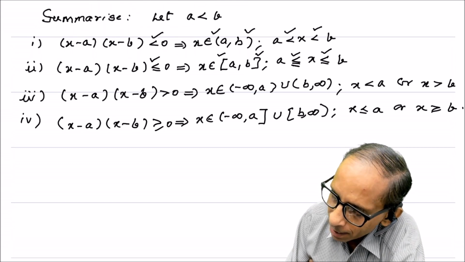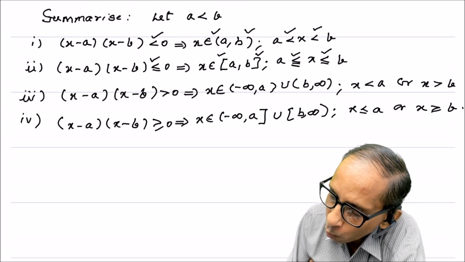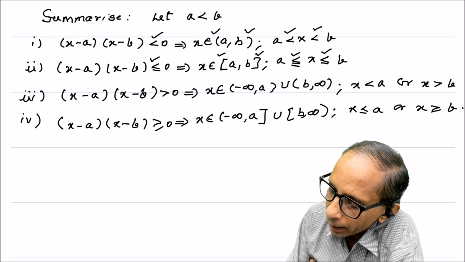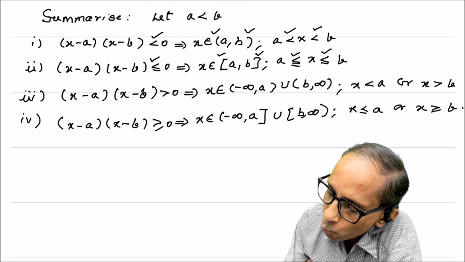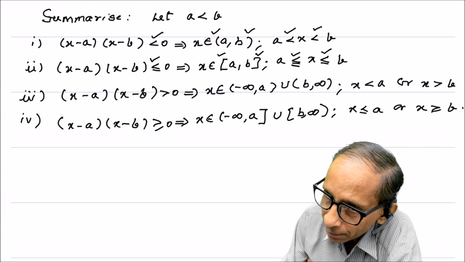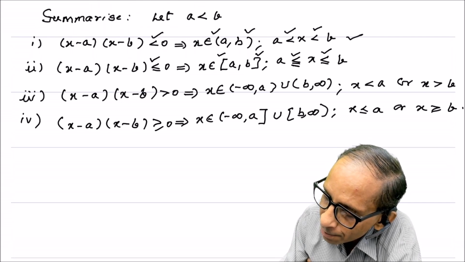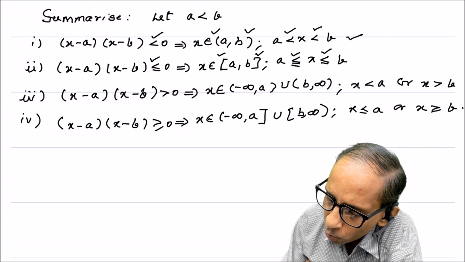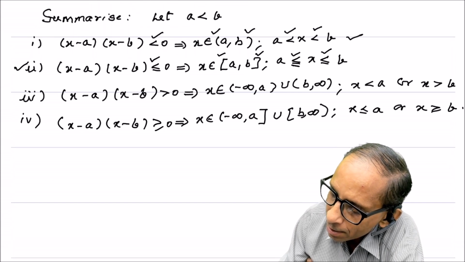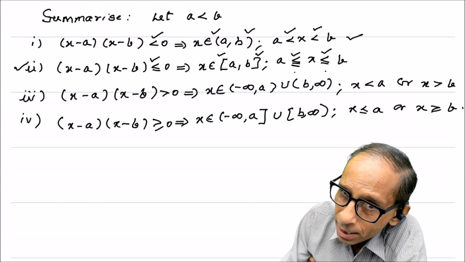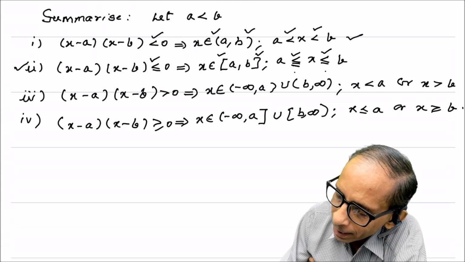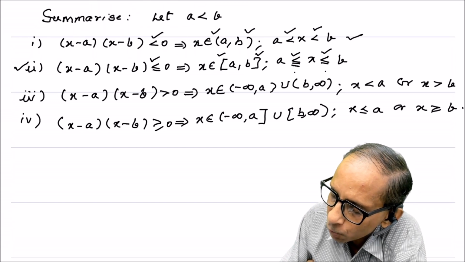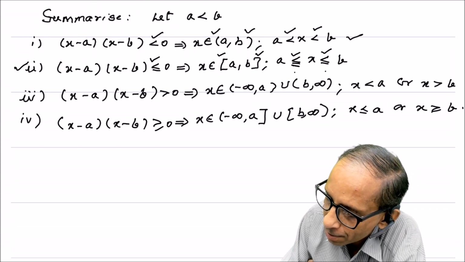That is, less than means we had open brackets, and in the solution we had strictly less than. This case, less than or equal to gave us less than or equal to, and at the same time in the other form of the solution we had closed brackets.